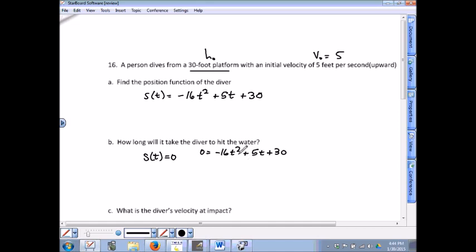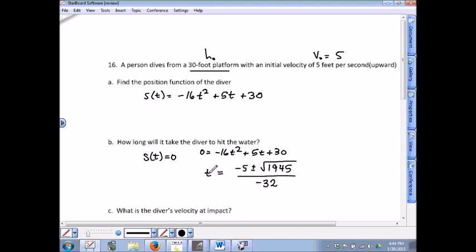So if we do the quadratic formula, this doesn't factor, so we're going to have to do the quadratic formula. t is going to equal negative 5 plus or minus the square root of 1,945 all over 2 times a. Now, just like before, it's not going to make sense to have a plus and a minus.